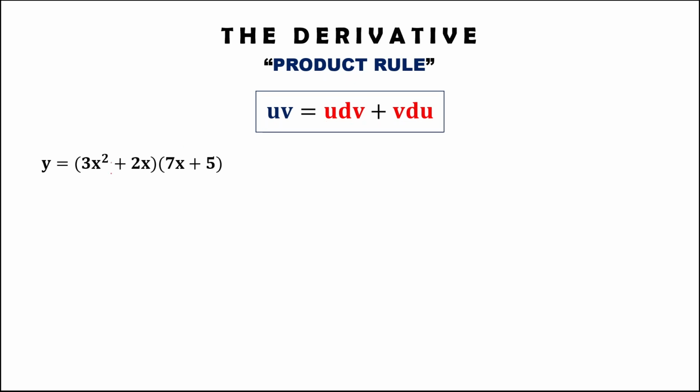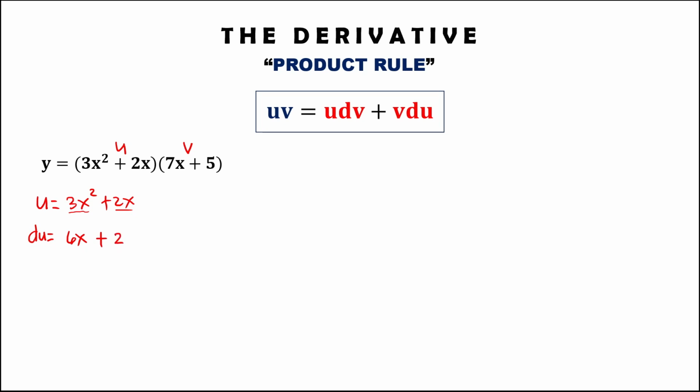Then for this given, again, this is u and v. So u equals 3x squared plus 2x. For the derivative of u, the derivative of 3x squared is equal to 6x, plus the derivative of 2x, which is 2.